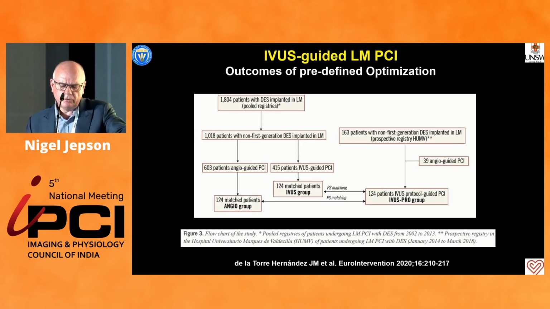He adopted this strategy with his IVUS Pro group, so this is a predefined optimization group, and he compared it historically to data from pooled registries with 124 matched patients, angio guidance, with 124 matched patients going conventional IVUS guidance.